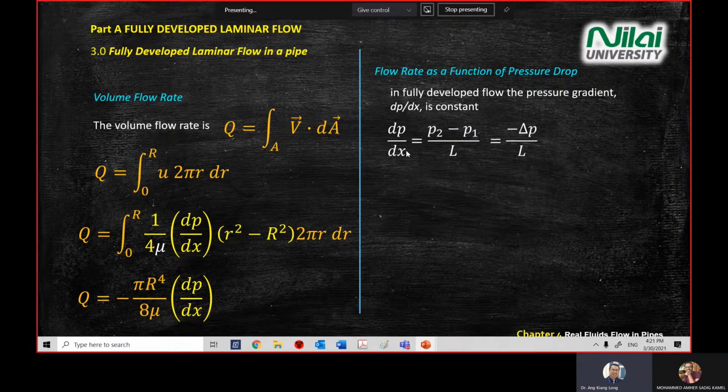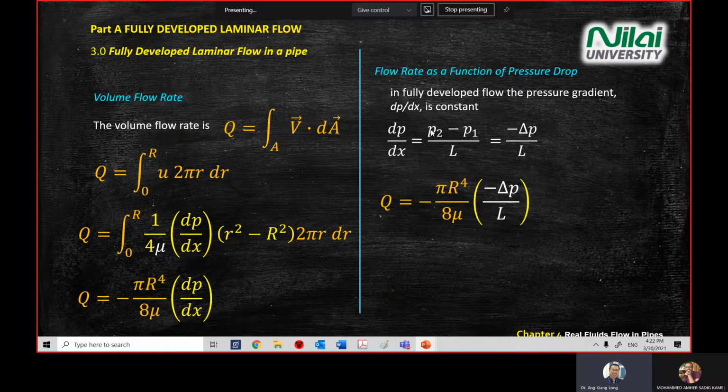These are all the mathematical derivations. What is important is that you can directly change the equation on the left-hand side into the right-hand side. Previously it was in terms of dP over ds, the pressure differential, and when you write it as a function of pressure drop, you change it to minus delta P over L.